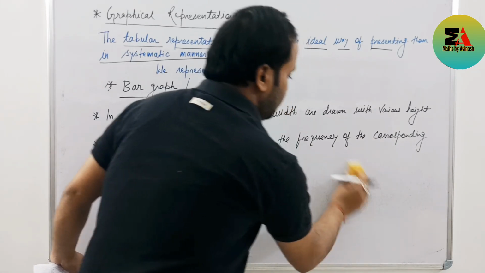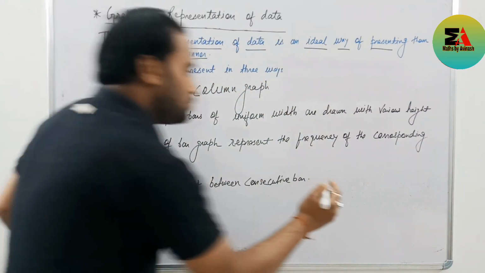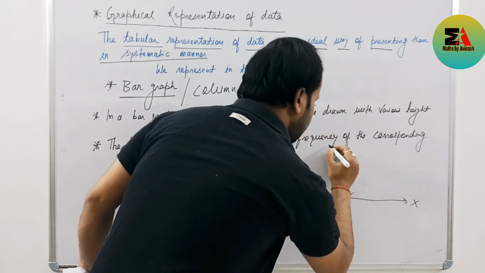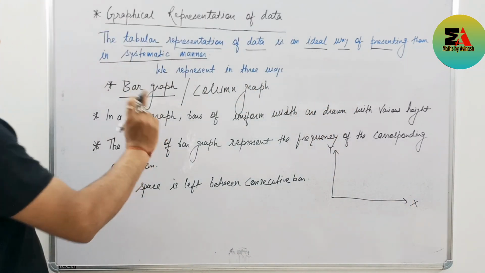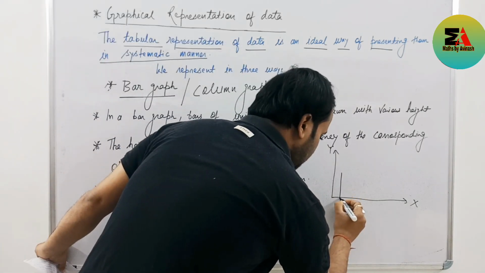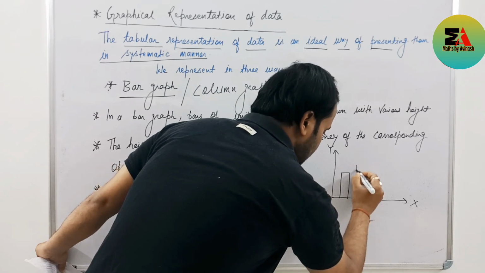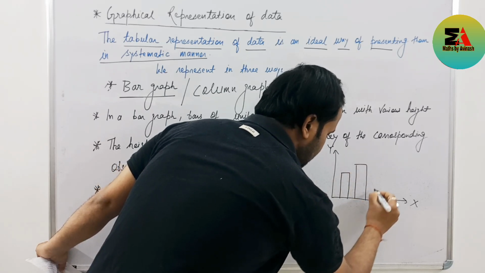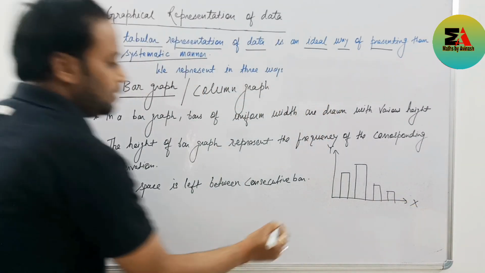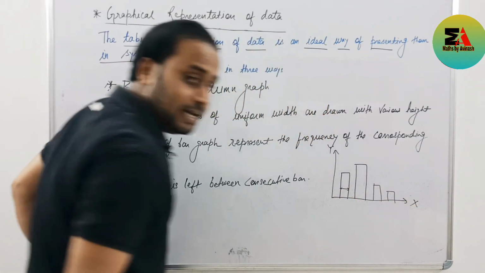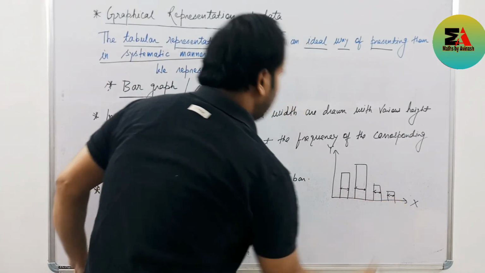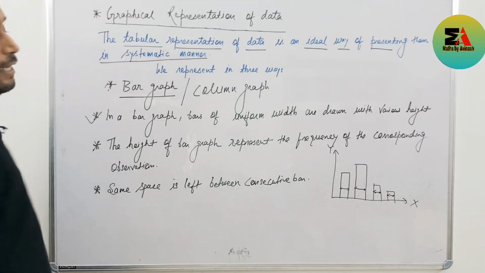Suppose you have to plot a bar graph of some data. This is the x-axis, this is the y-axis. The first rule says the width of all bars is the same. You plot here, again here, again here, and some here. The width of the first bar is the same as the second bar, the third bar, and the fourth bar. So our first point is clear.